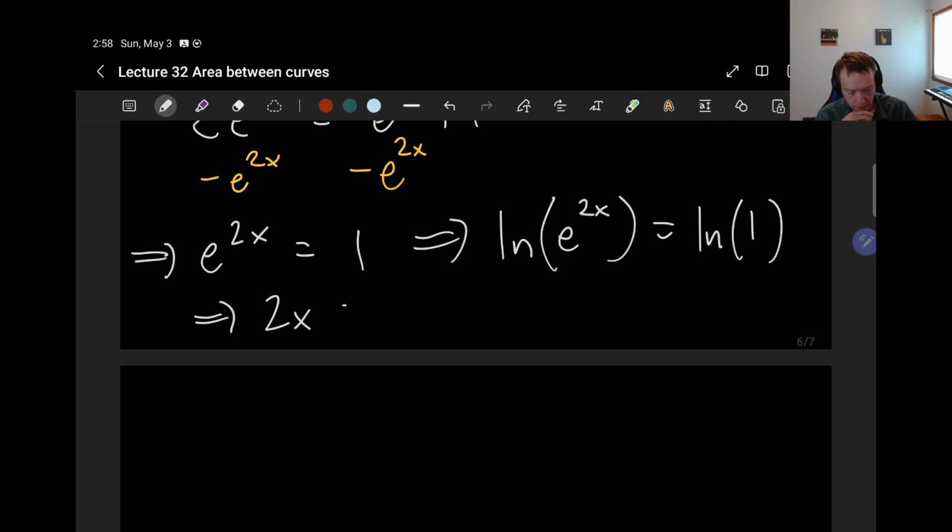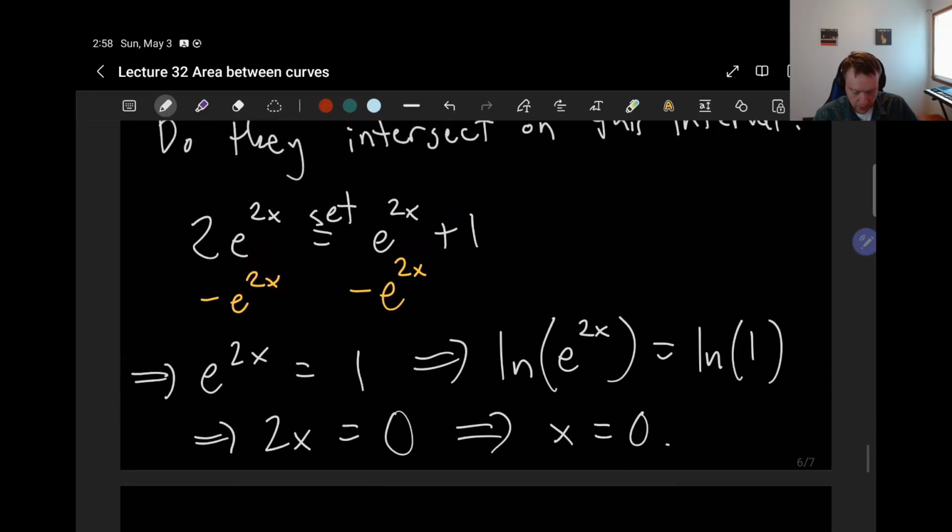And ln of 1 is 0. That's true of any logarithm. Any logarithm of 1 is 0. Then we solve for x by dividing by 2. So these two curves we're talking about, they intersect when x is 0.